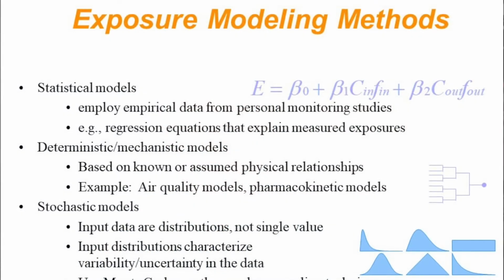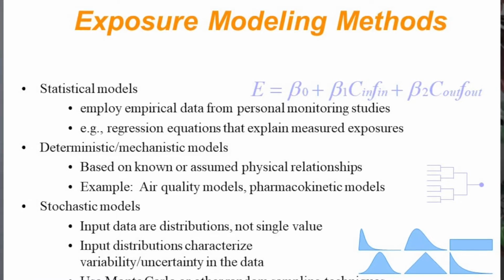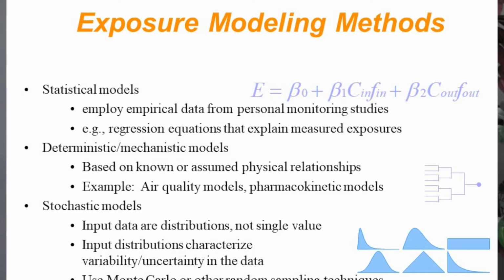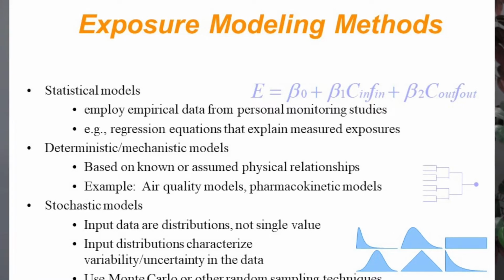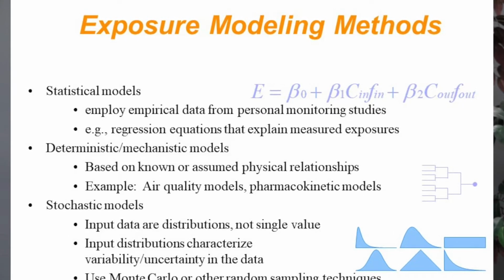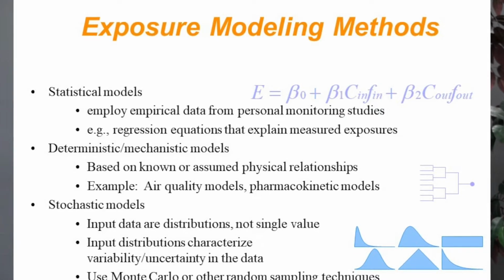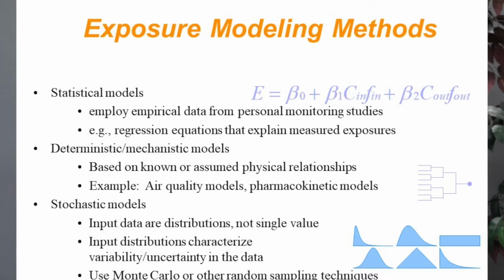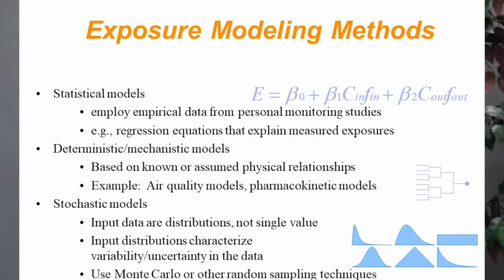On slide 14, the first of those models is listed as statistical models. They employ empirical data from personal monitoring studies. So they look at personal monitoring information and the measurements indoors or outdoors and try to find statistical relationships between those measurements. In light blue, there is a simple regression model written here for estimating inhalation exposures as an example.